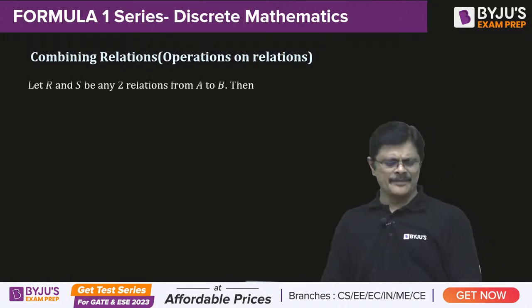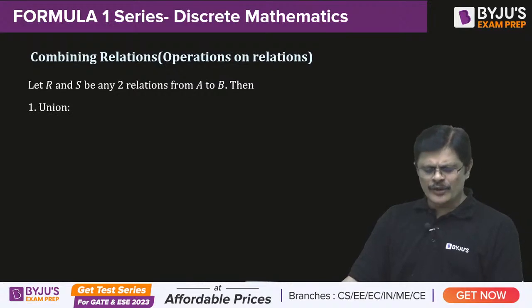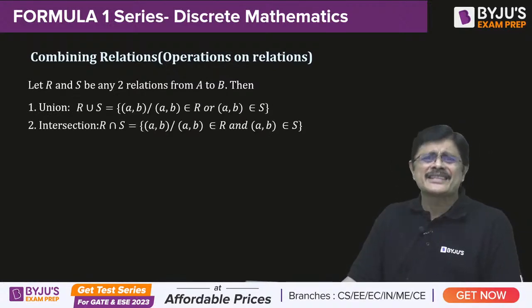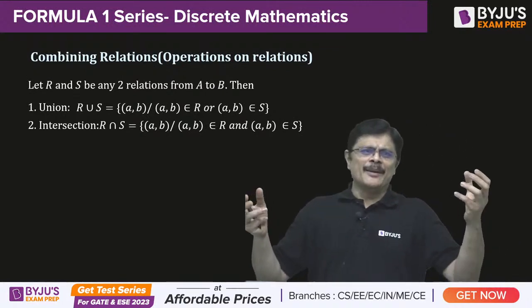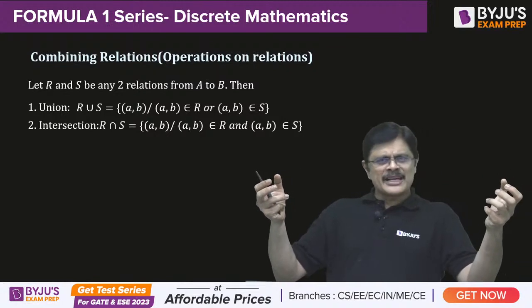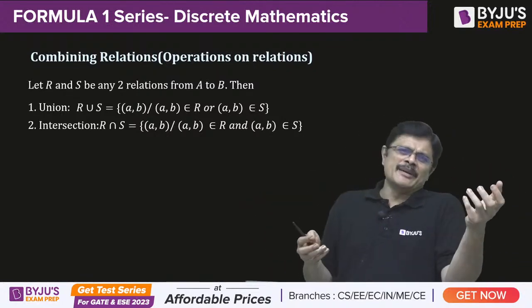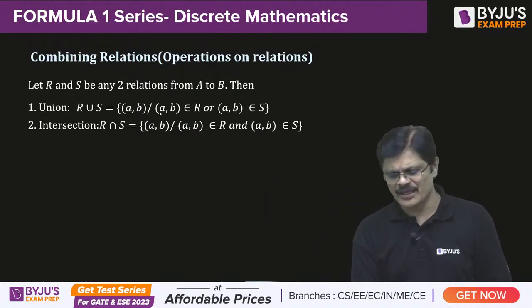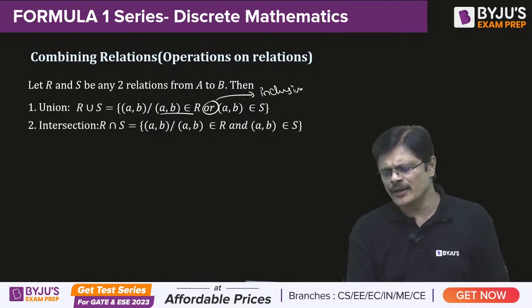For example, suppose R and S are any two relations, you can do union. You can do intersection because they are sets. Union means elements from set A or set B or both. Similarly, union of relations means elements from relation R or elements from relation S or both. Here or is used in inclusive sense.